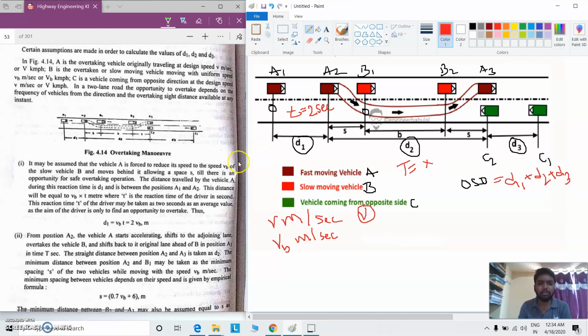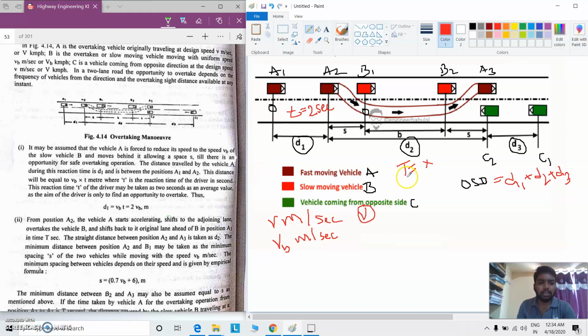Let us discuss the assumptions. It may be assumed that vehicle A is forced to reduce its speed to VB. Whenever you are traveling behind vehicle B, you end up with the speed of vehicle B. Imagine that you are traveling in vehicle A and you need to overtake vehicle B. In that case, you have to go at the speed at which vehicle B is moving.